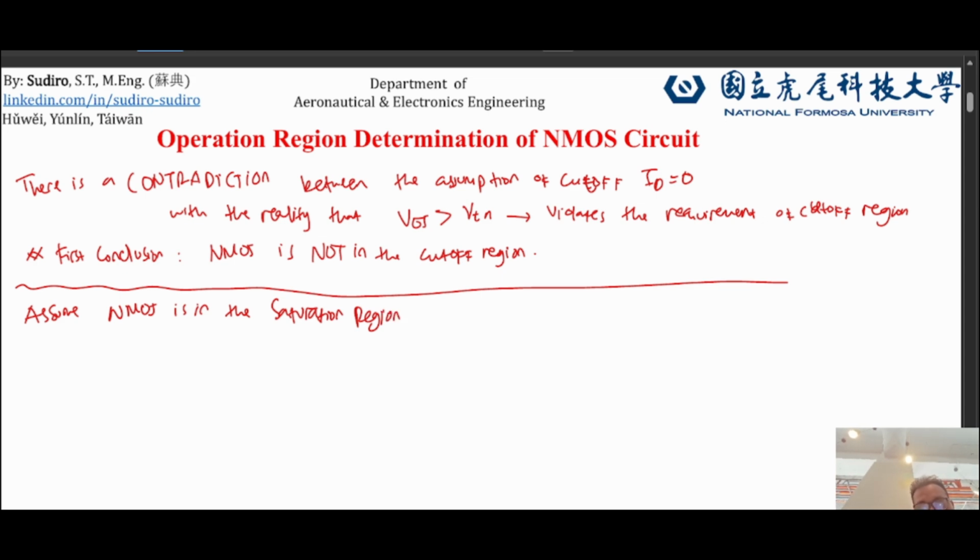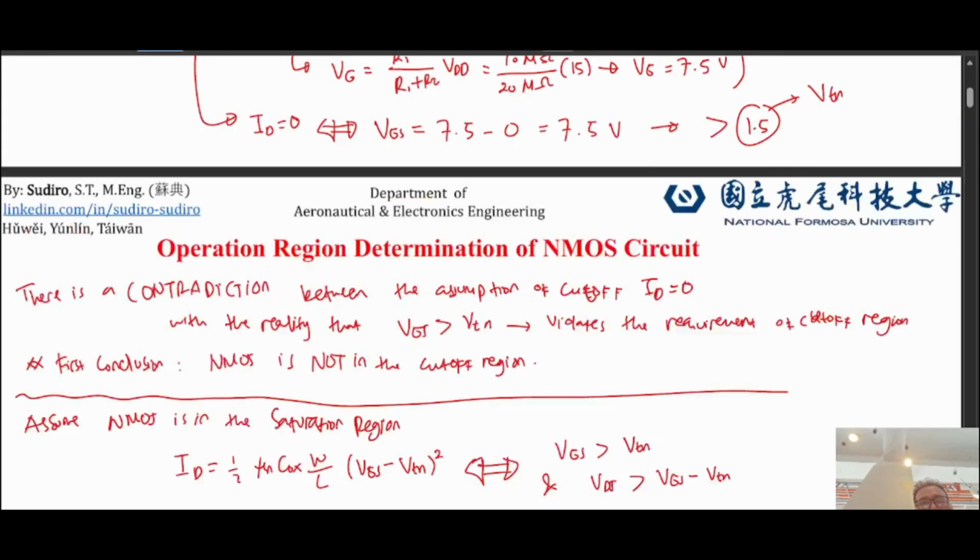In this case, we assume ID is equal to a half mu n Cox W over L times (VGS minus VTN) squared, which will give the implication of VGS greater than VTN and VDS greater than VGS minus VTN.